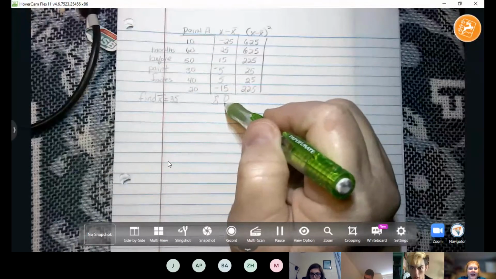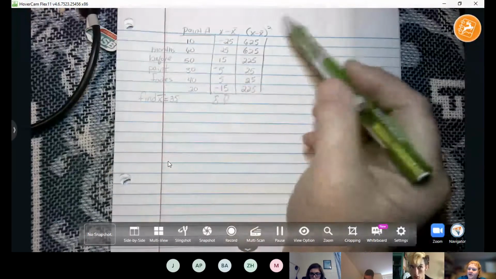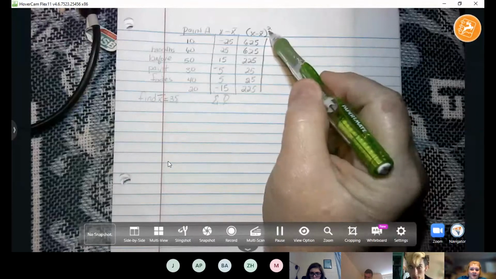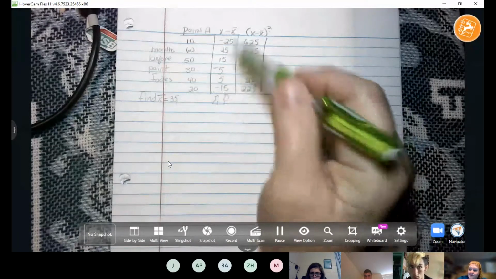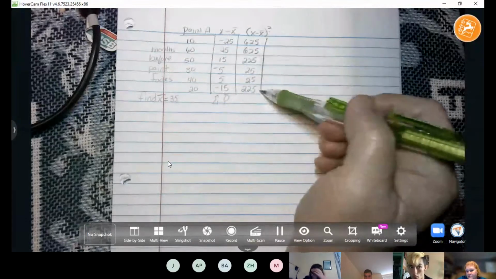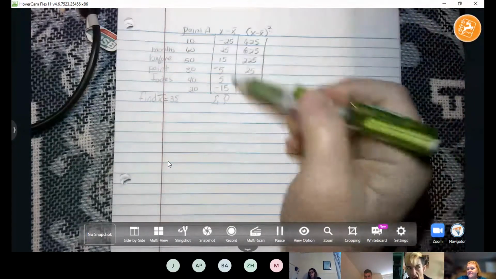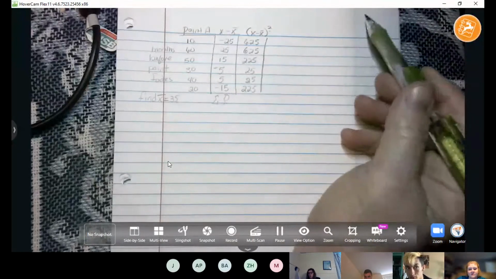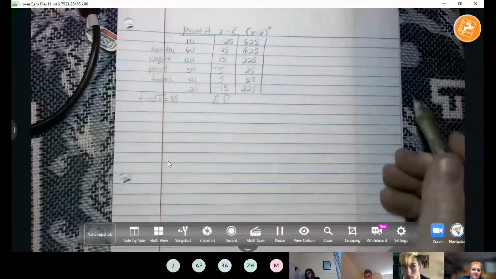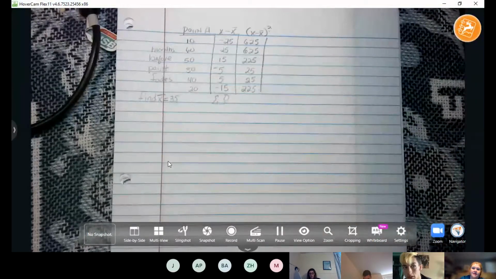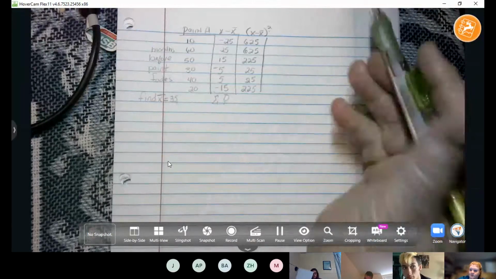And then the reason we have the square in the formula is to make those negatives disappear, and we get great big numbers, yes, but that is to get rid of the negative values as we do our calculations. So that is the purpose of the square sign in the formula.